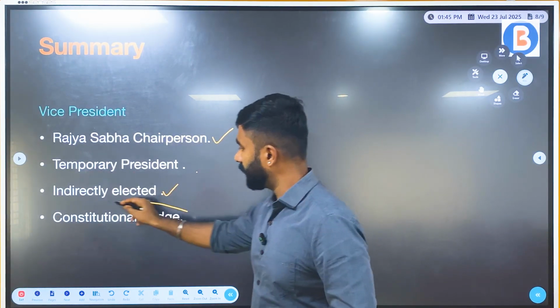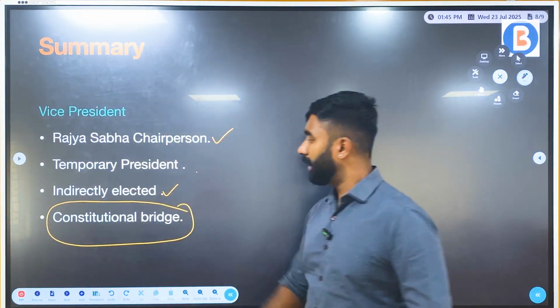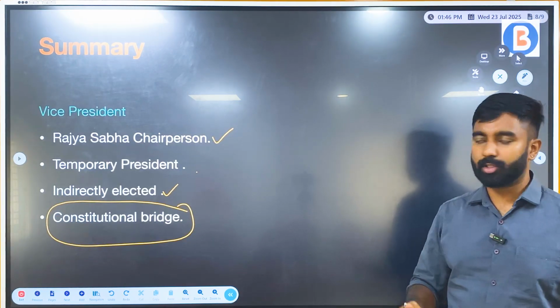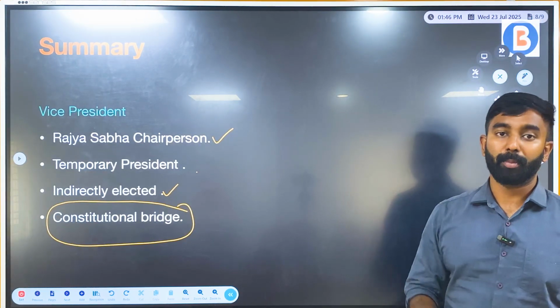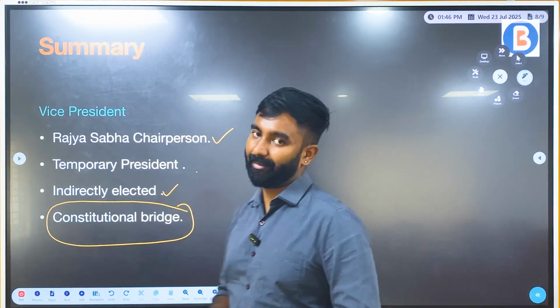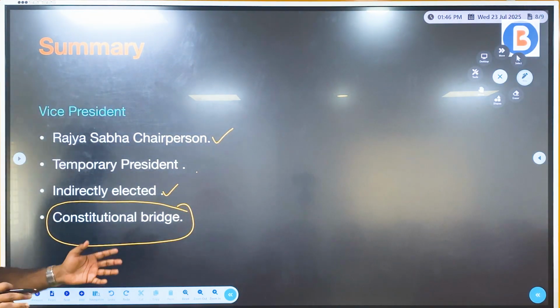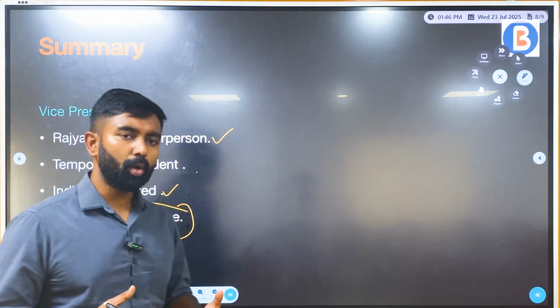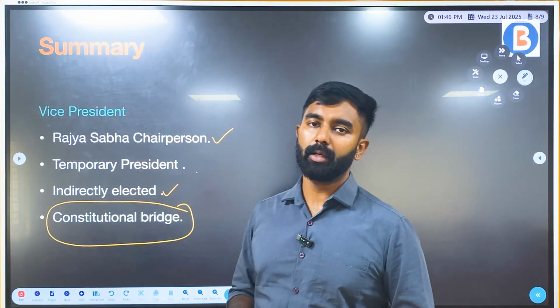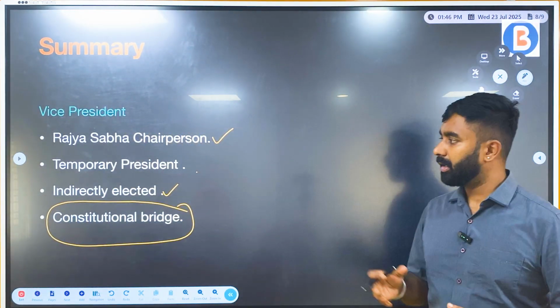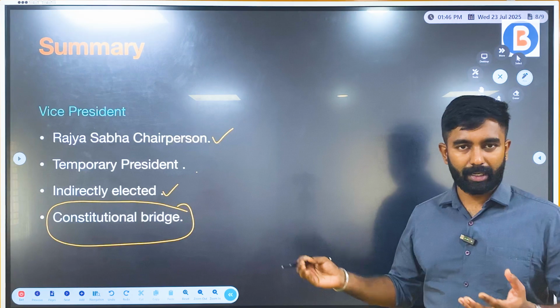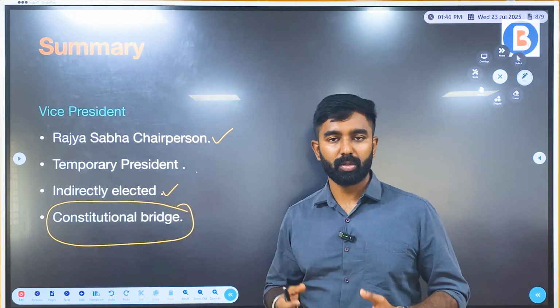We have even discussed his role as a bridge in the constitutional machinery that India has, and in short the electoral process that undergoes in his selection.